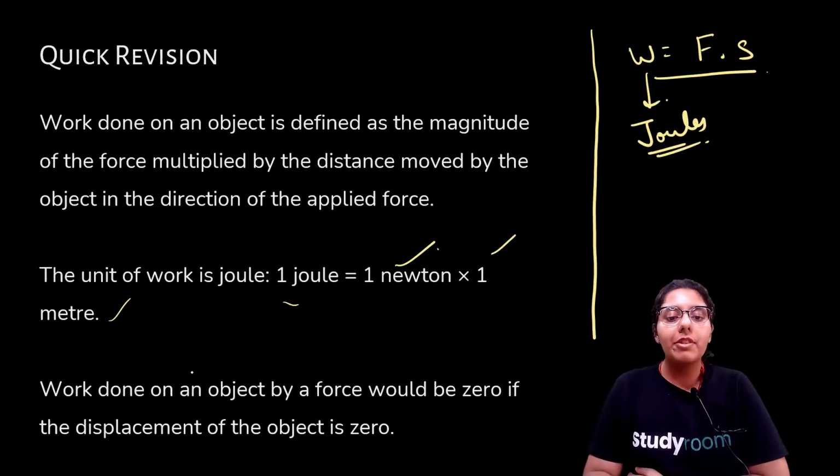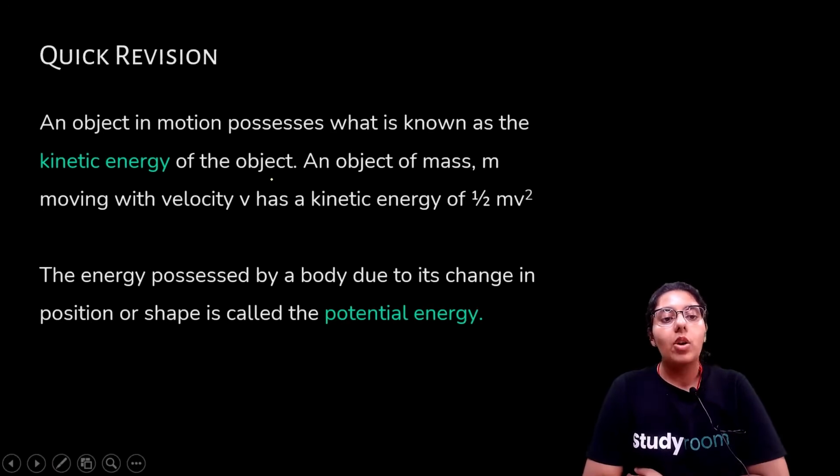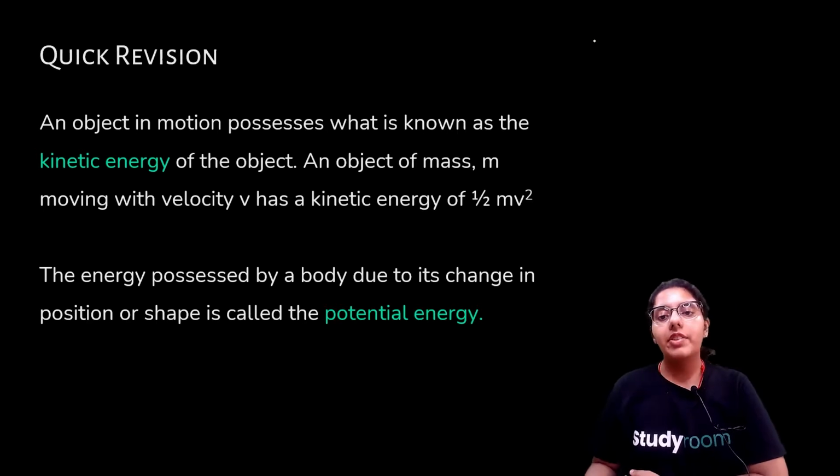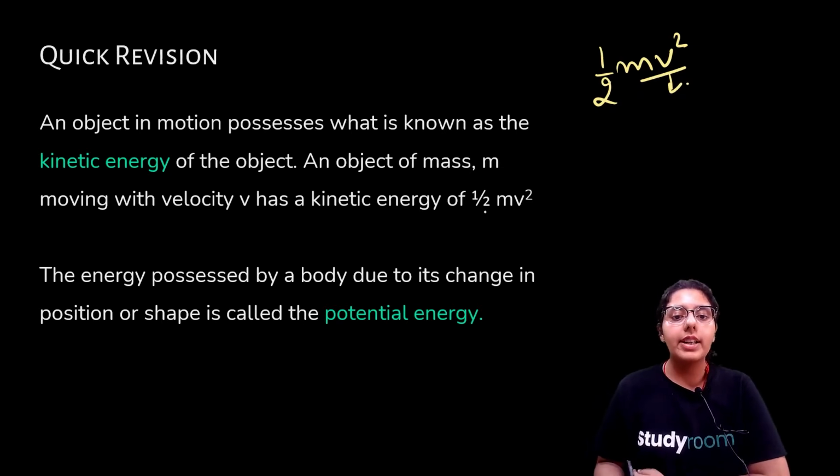Work done on an object by a force would be 0 if the displacement of the object is 0. An object in motion possesses kinetic energy. We talked about this, right? Half mv square, if an object has some velocity.